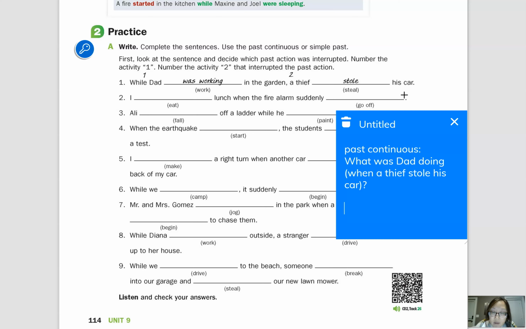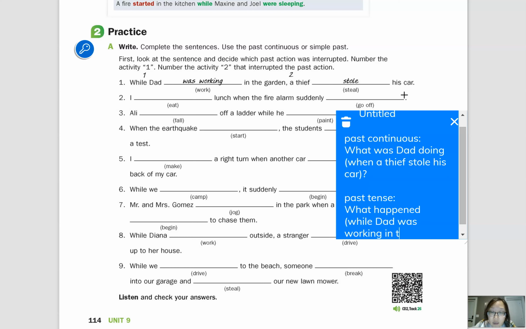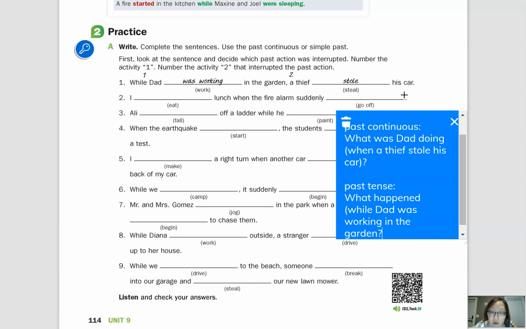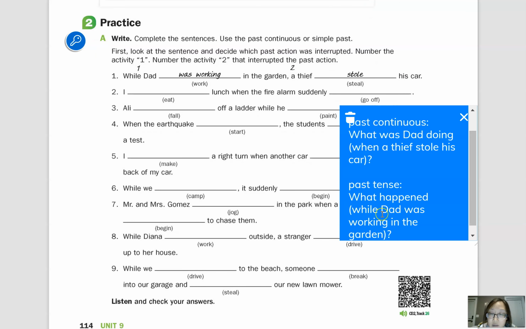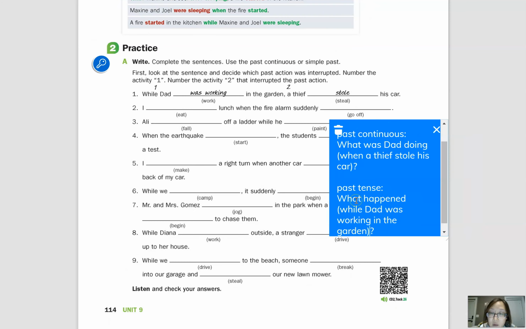Okay? And then the past tense is what happened while Dad was working in the garden. Okay, and this is also the adverb clause beginning with while.